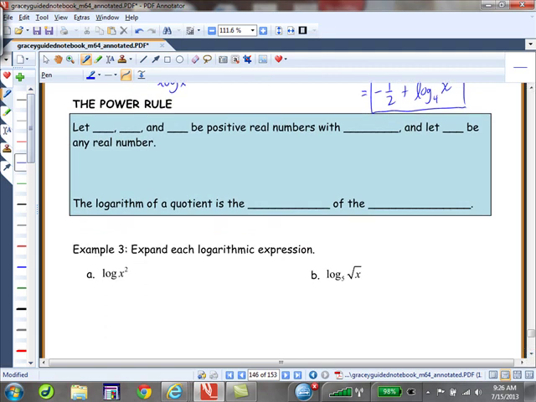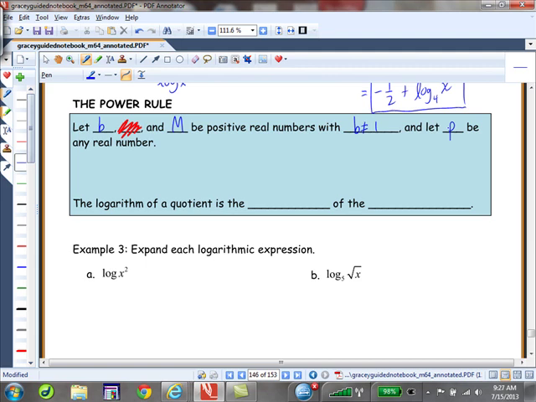Okay, the power rule. So we have one extra blank here, so let's just scribble that out. So here we have, let b and m be positive real numbers with b not equal to 1, and let p be any real number.